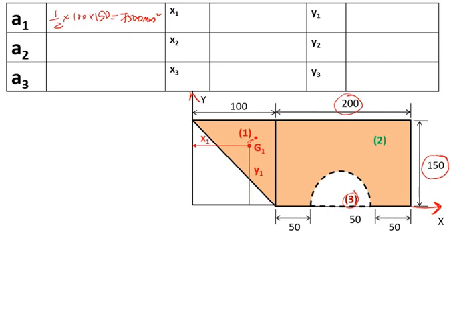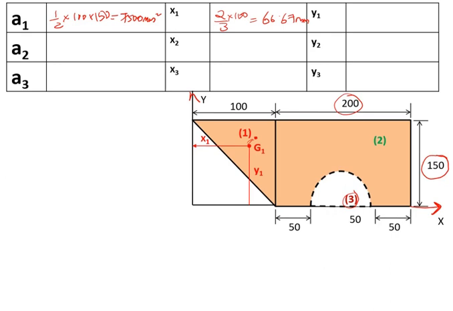That is, I can take the x1 as 2 by 3 of 100. From the y-axis it is at a distance of 2 by 3 of 100. I'll get it as 66.67 mm. And y1 is also at a distance of 2 by 3 of 150.